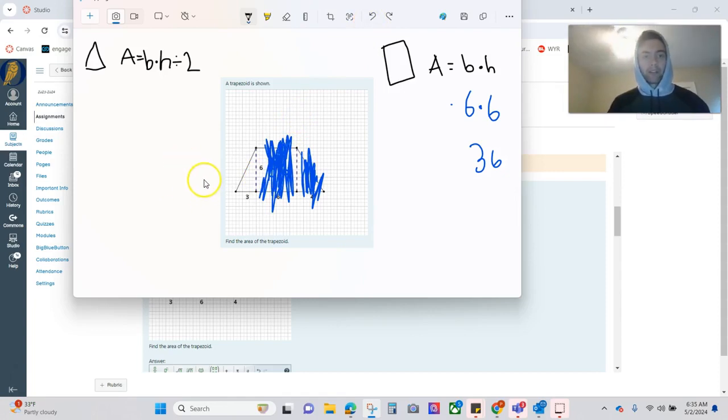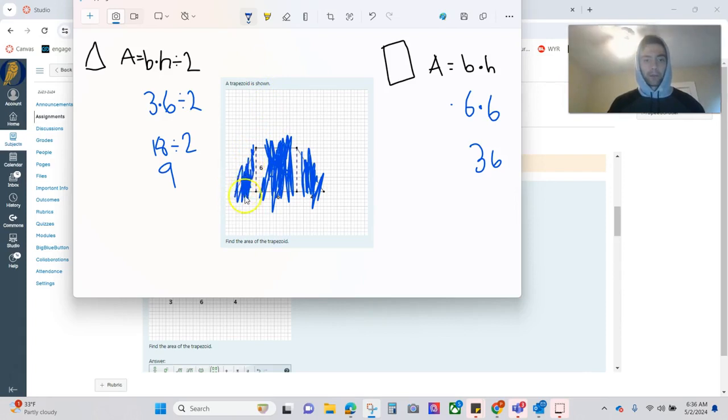For this triangle, what is the base and what is the height? Looks like here is the base, 3. And the height looks like, that was easy enough, 6. A straight up and down line from top to bottom, 6 is the height. So 3 times 6 is 18. Then we divide by 2. Our area is 9.